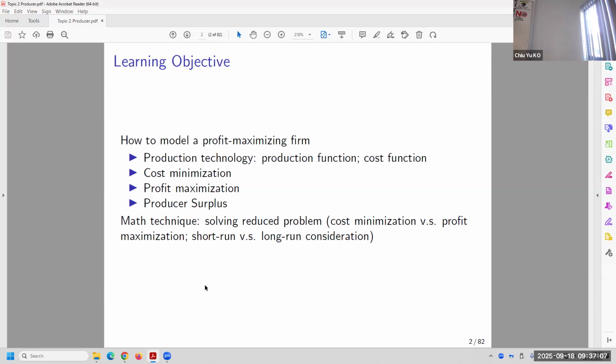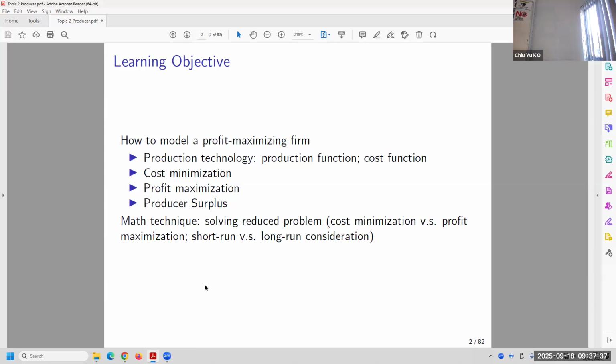Then we go to the cost function, and then we study the cost minimization or profit maximization problem, which you learned in your principles class at the beginning, but now we even go to the math. And then at the end, we talk about producer surplus, which, unlike consumer surplus, has a very clear definition.